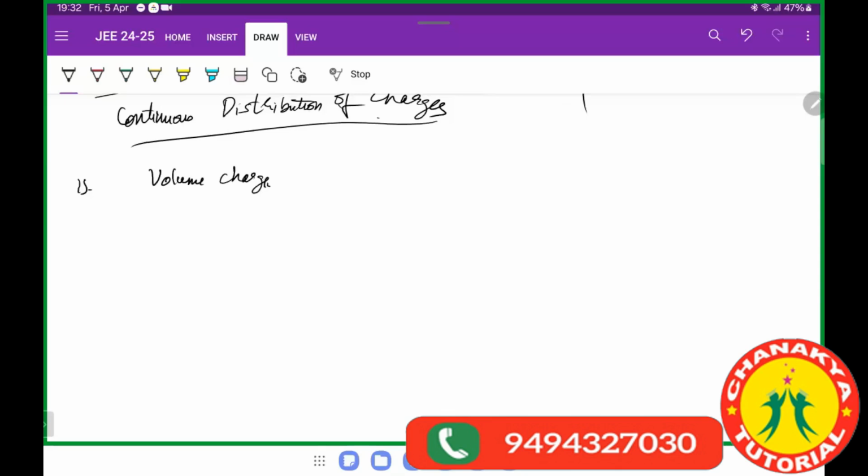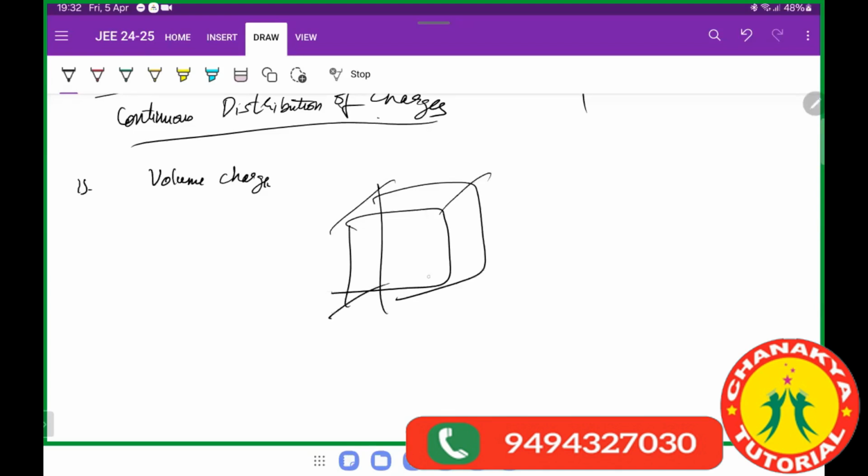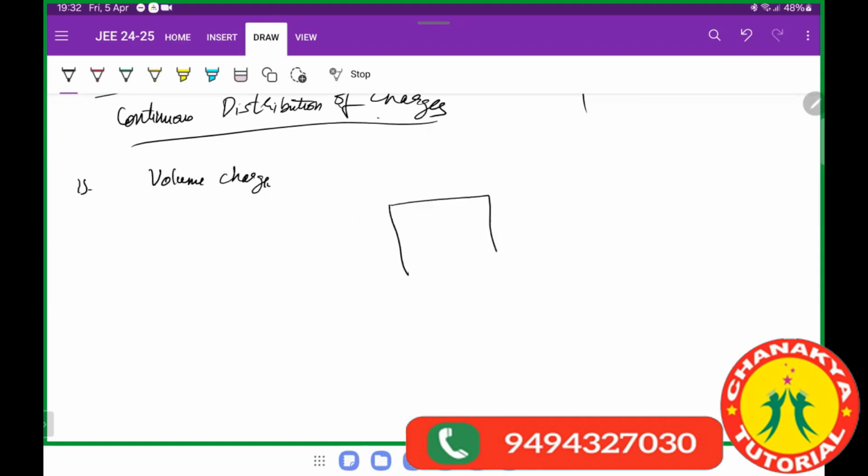Now, volume charge distribution, if I say it simply, like there is some object, or a cube. Let's take one cube. In that, Q charge or some charge is distributed uniformly throughout the volume. That is called volume charge distribution.